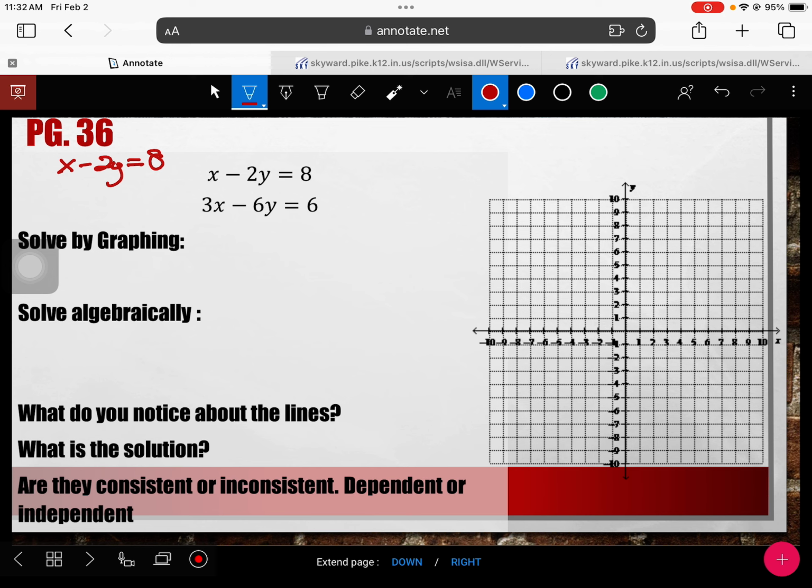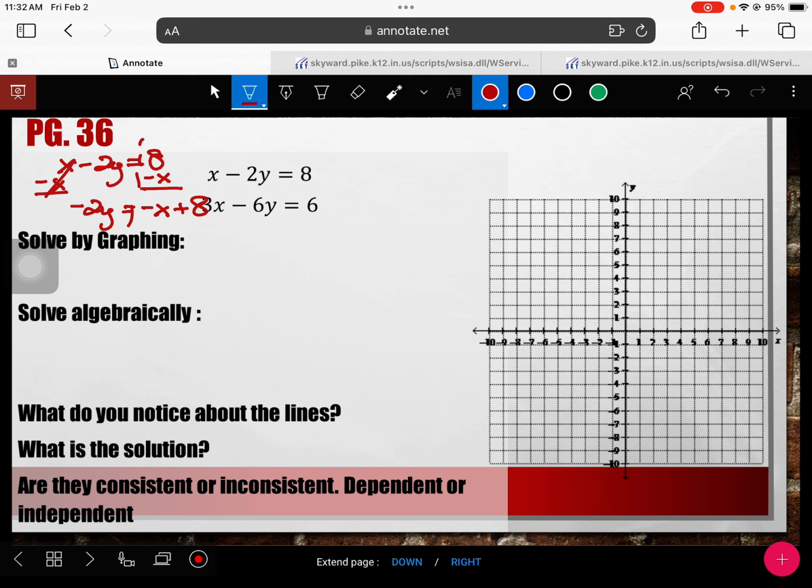What about the x? Subtract. Yes, subtract x. Whatever you do on one side, you do on the other side of the equal sign of the equation. X's cancel out. Negative 2y is equal to negative x plus 8. I don't want negative 2y. I want just y.